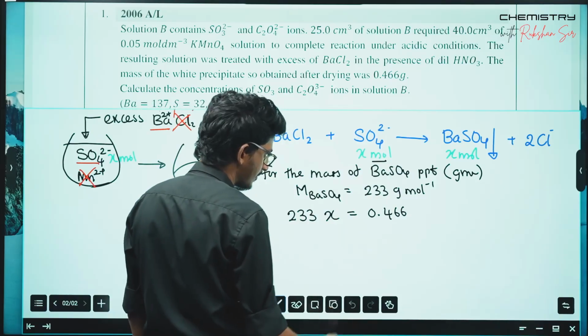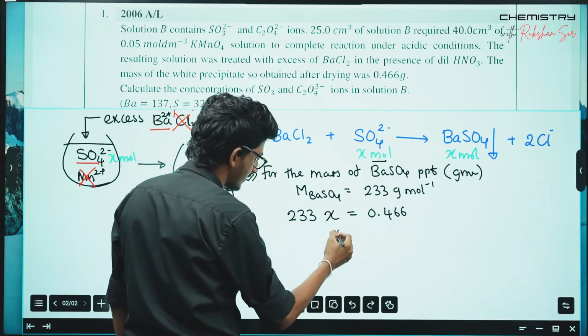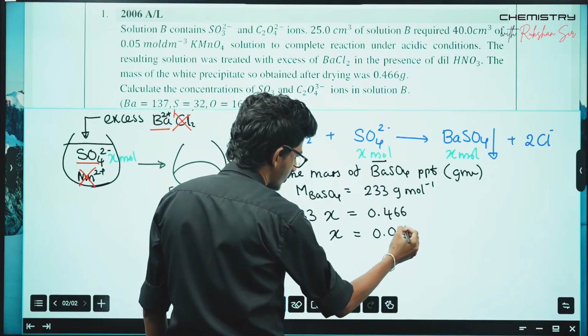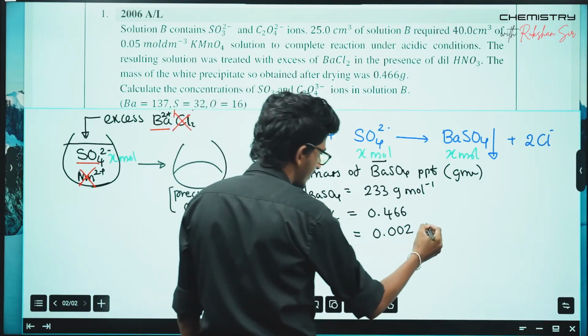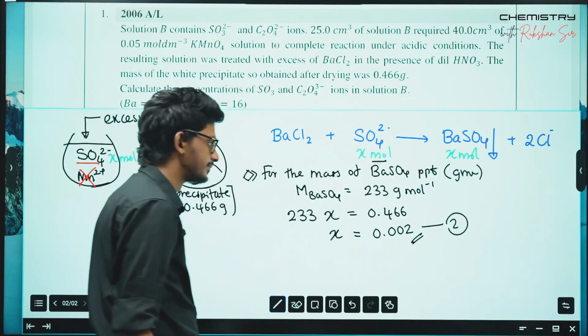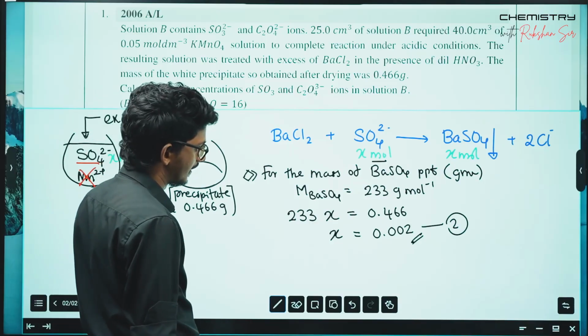No need of writing the grams. So this will give you X as 0.002. So that is your second equation, and solving for X, X is equal to 0.002 moles, right?